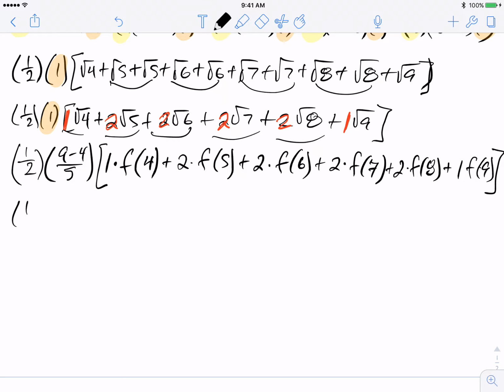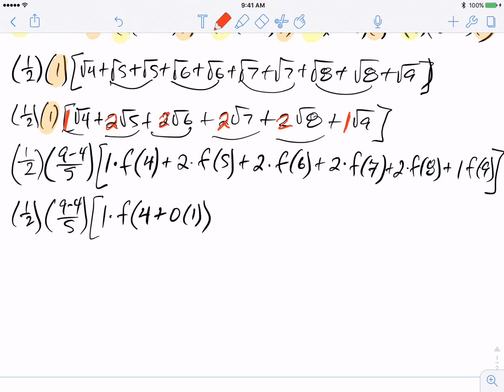Okay, so now it's 1/2 times 9 minus 4 over 5, times 1 times f of 4. And it turns out that f of 4 can be rewritten like this. Now, where did I get these numbers from?